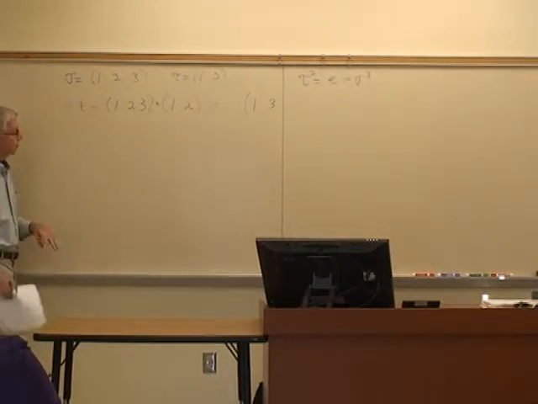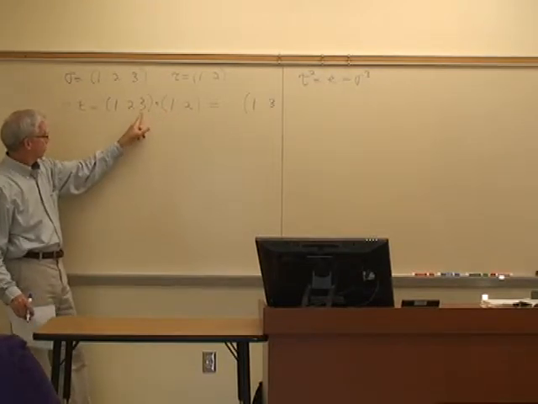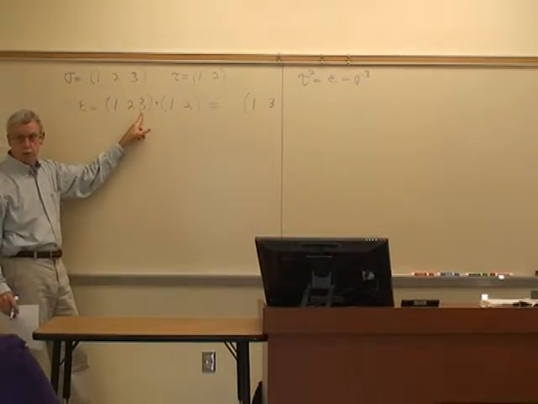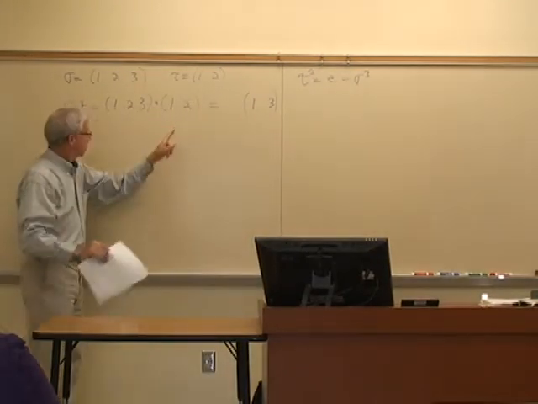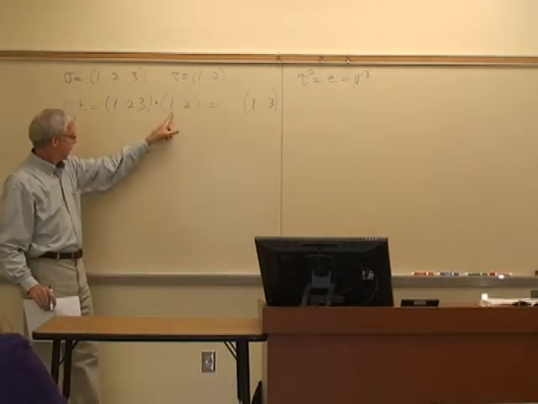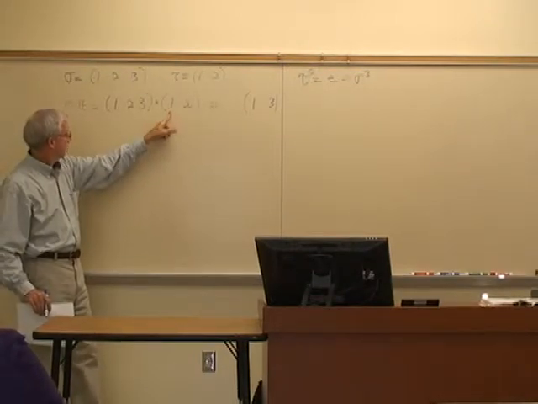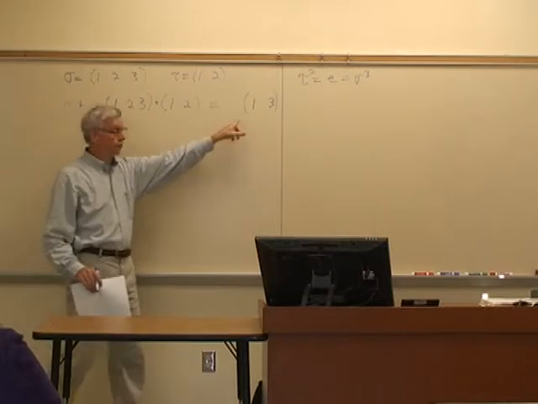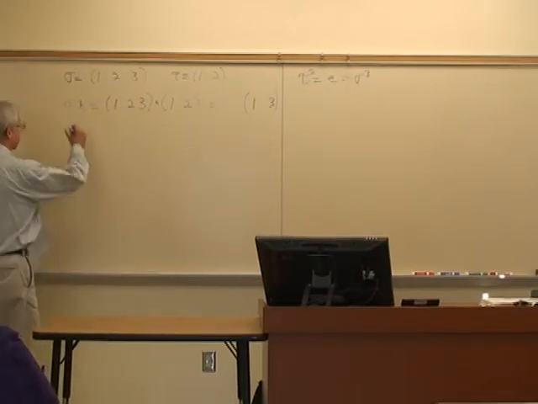Now I figure out where 3 goes. This doesn't touch 3, it sends 3 to 1, so we're back, and that's it. What about 2? 2 gets sent to 1 by the first permutation, but then 1 gets sent back to 2, so 2 gets sent to 2. So that's the end of sigma tau.